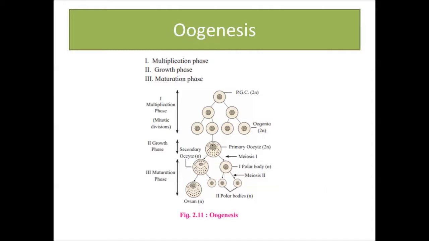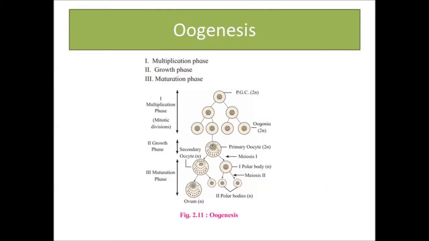Then the third phase, maturation. This oogenesis takes place in the ovaries. The process is initiated prior to the birth of the female baby. The primary oocytes, which are diploid in number, enter the maturation phase, which includes the meiotic divisions, meaning meiosis first and meiosis second. The diploid primary oocyte undergoes meiosis first to form two haploid daughter cells.